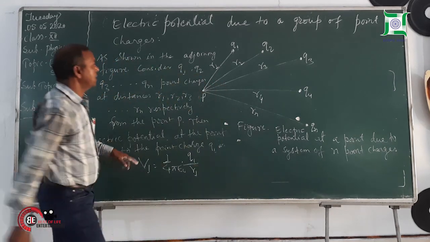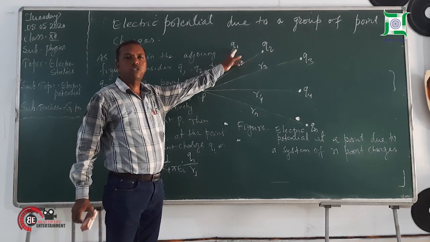This is the electric potential at the point P due to the point charge Q1.